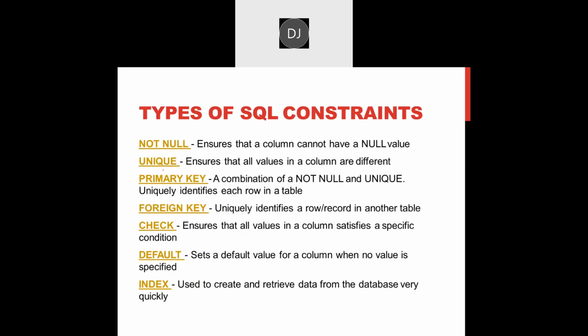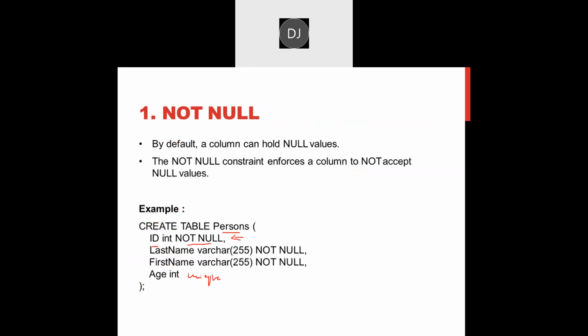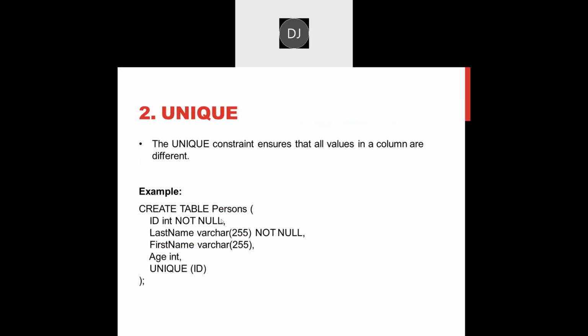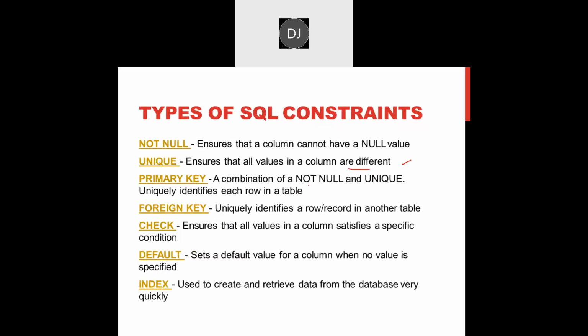Furthermore, the unique constraint ensures that all values in the column are different. This is self-explanatory. And primary key: if I make any field, for example age, the primary key, then age will have, as I told yesterday, a combination of not null and a unique value.